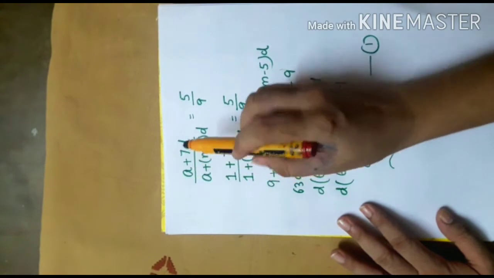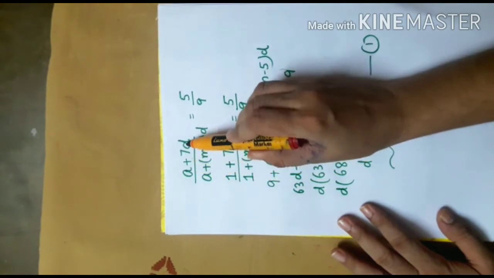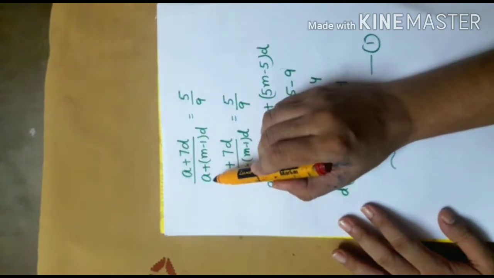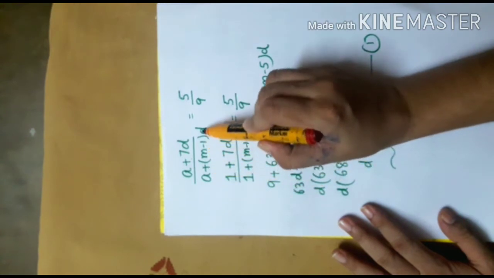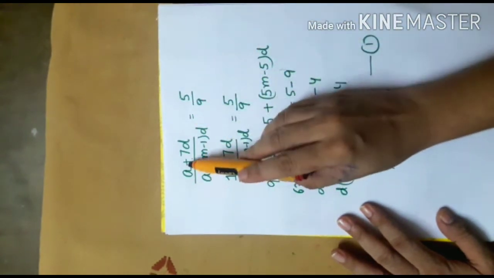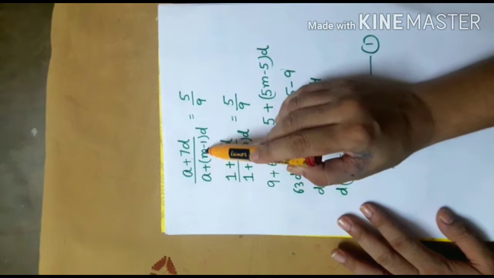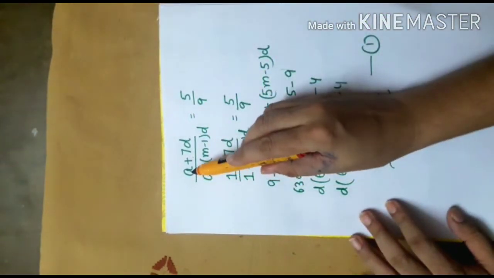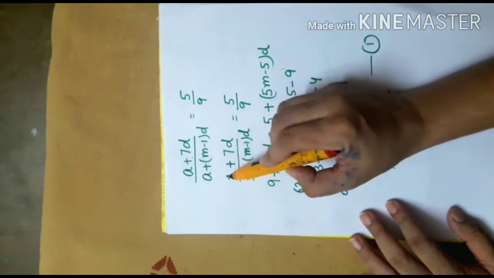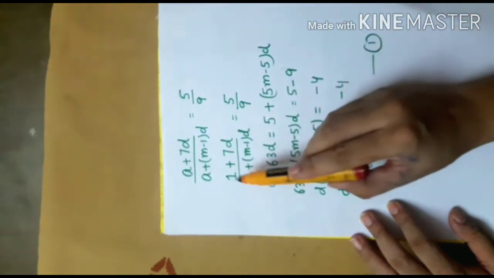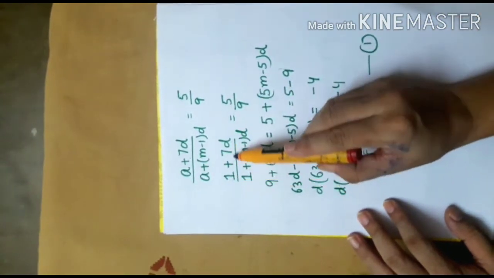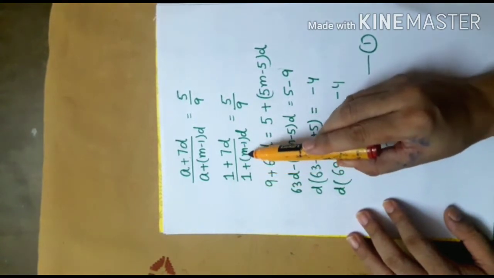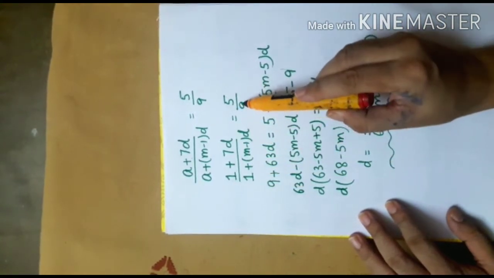Now A8 can be written as A plus 7D and Am can be written as A plus (m minus 1)D. So I'll get (A plus 7D) over (A plus (m minus 1)D) equals 5/9. Now the first term, that is A, was 1. So substituting the value, I'll get (1 plus 7D) over (1 plus (m minus 1)D) equals 5/9.